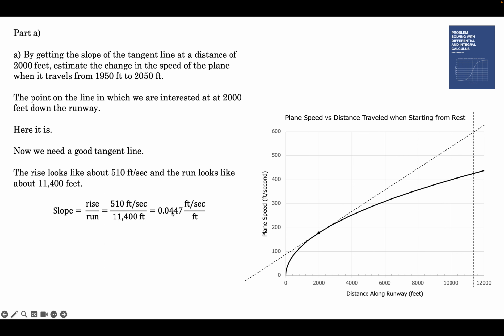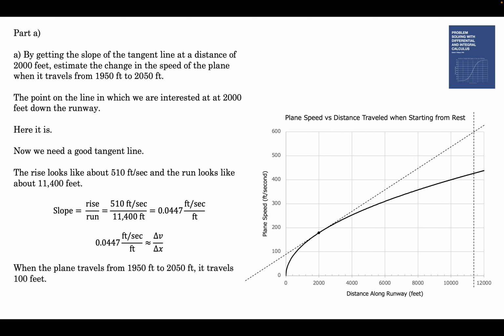The slope is about 0.0447 feet per second every foot. I really shouldn't put 3 significant digits here, but let's do it. Maybe we'll get a point or 2 off. When the plane travels from 1950 to 2050 down the runway, it travels 100 feet, and that's going to be our delta x.